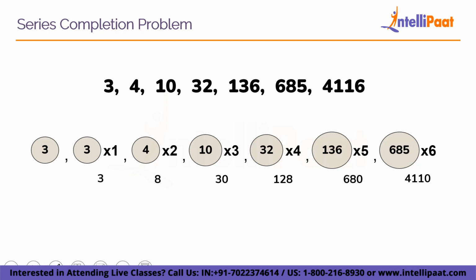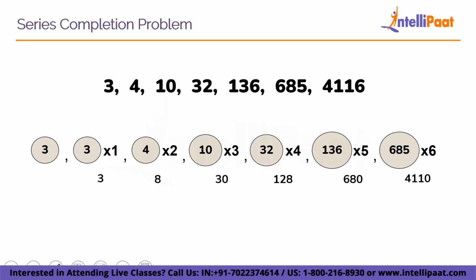So once you multiply that, you will get numbers as: the first number is as it is, 3, second is 3, third is 8, fourth is 30, fifth is 128, sixth is 680, seventh is 4110.